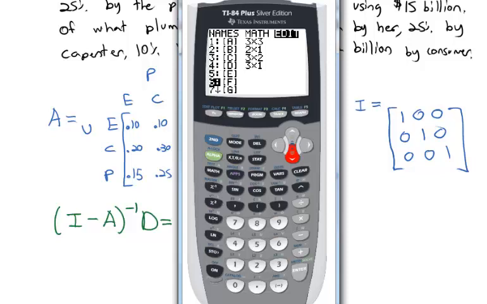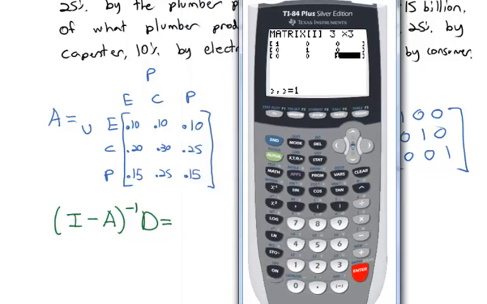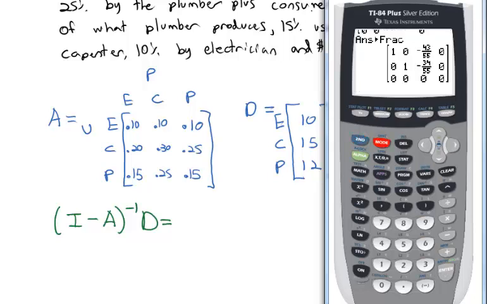Scroll down to I. And I'm going to make a 3 by 3 identity matrix, which is 1, 0, 0, 0, 1, 0, 0, 0, 1. So now we've got A, D, and I programmed in the calculator.